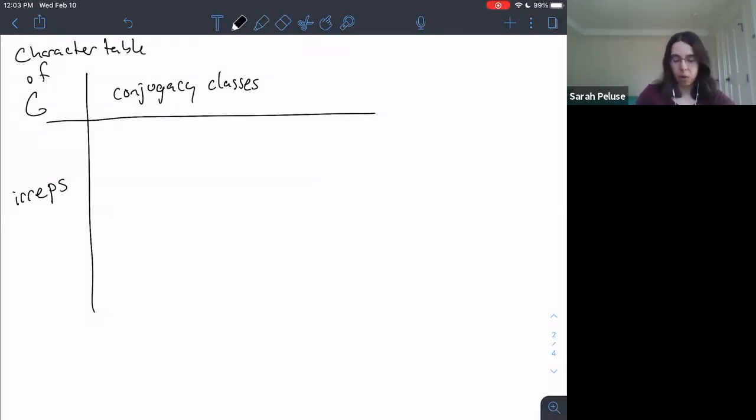Where a column meets a row, we put the value of the character corresponding to the irreducible representation at the conjugacy class.